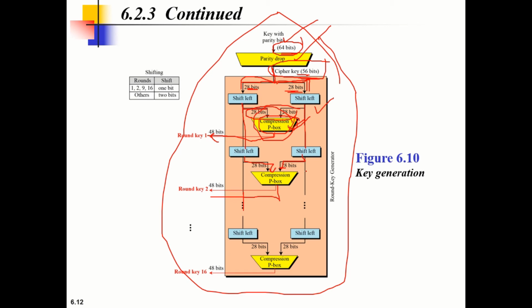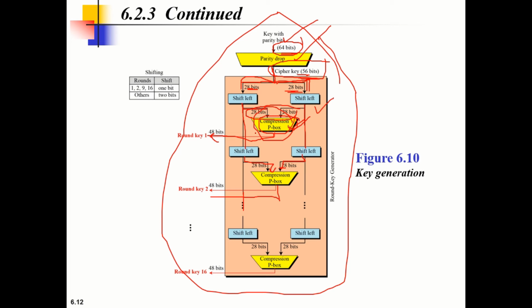But for generation of each and every round key, the process will be the same. First we shift left the bits of the key, then we compress it using the compression P box.